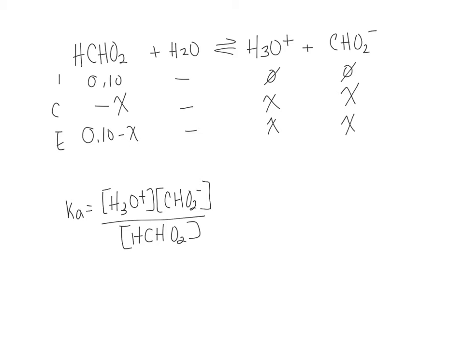And we can substitute these into our Ka, except we need to know what x is in order to solve our Ka. If we have Ka, we can solve for x.